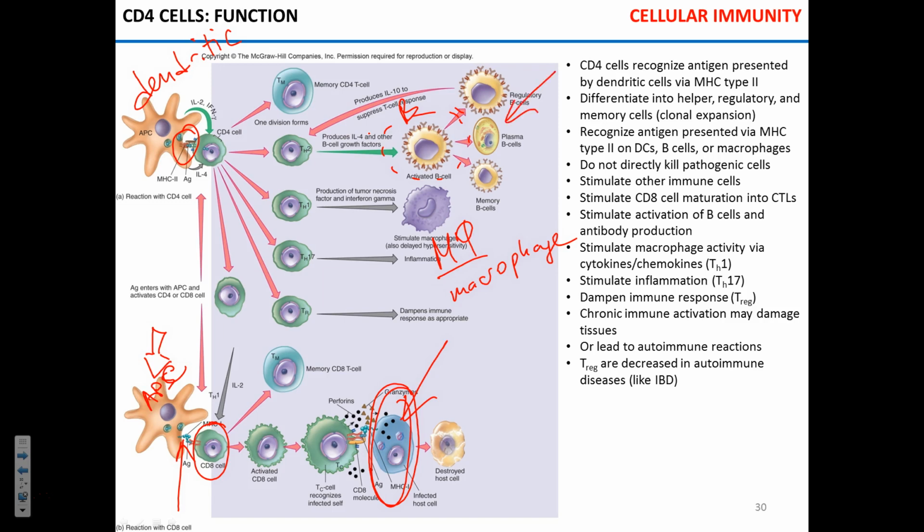Does that make sense? It's like a coach. B cells can become plasma cells and produce antibodies, and it's fine. But CD4 cells, like T helper cells, make this process much better. Does that make sense? We're good.